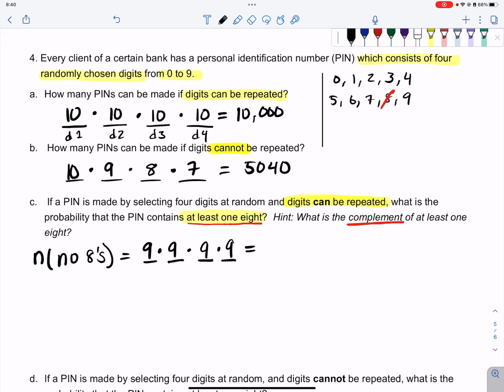So now this gives us 9 times 9 times 9 times 9, which is 6,561 different pin numbers that do not contain an 8. And now we can use this to find our probability of having no 8s.